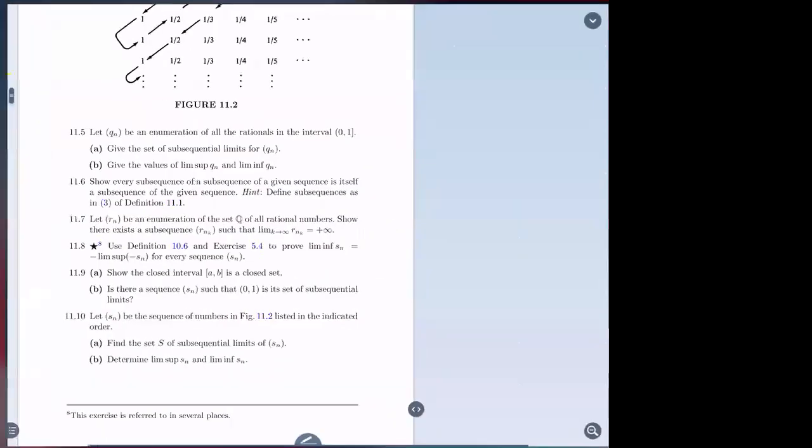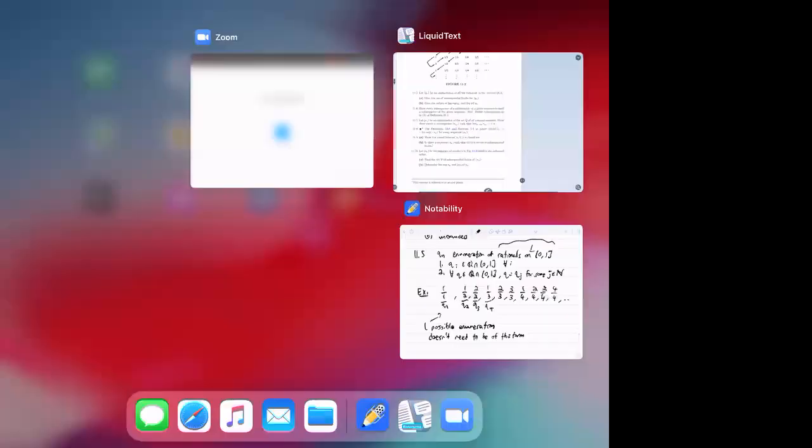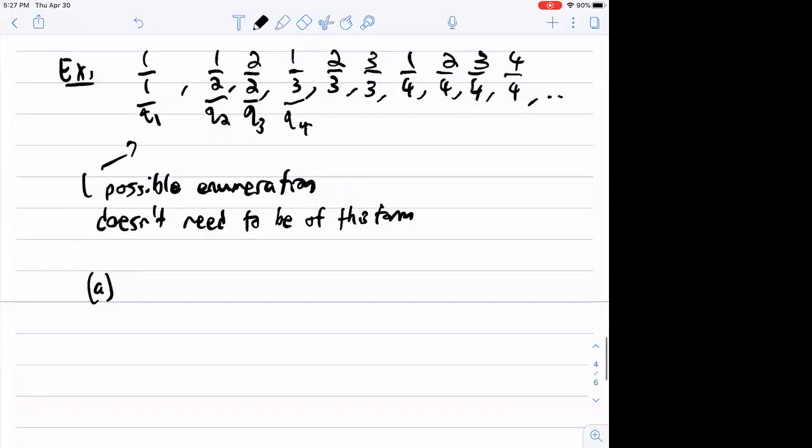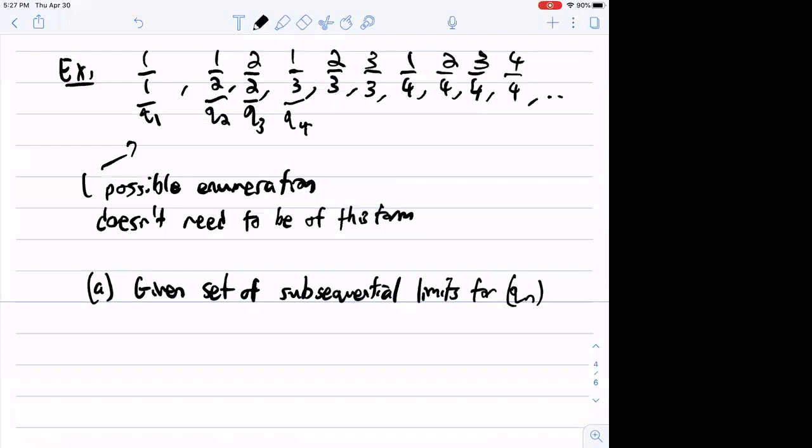So the first part is A: give the set of subsequential limits for Qn. So basically saying take any subsequence of this, what can it possibly converge to?